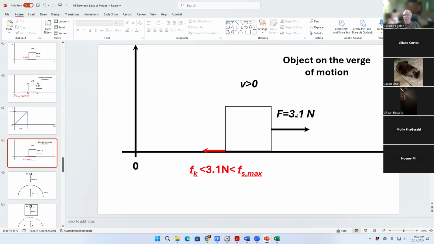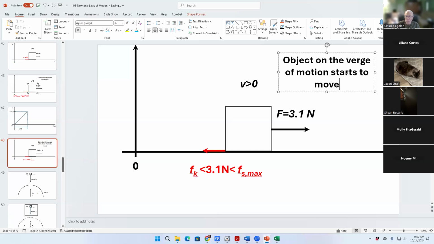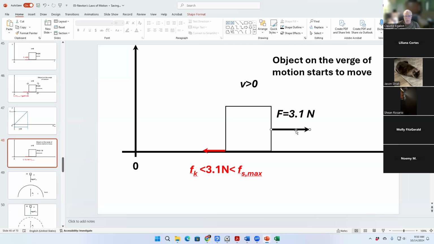Once we reach just above the maximum value of the force of static friction, when the object was on the verge of motion, the object starts to move. Not only does it start to move, but it also starts to accelerate if you don't do anything. And the force that was the force of static friction now becomes the force of kinetic friction.